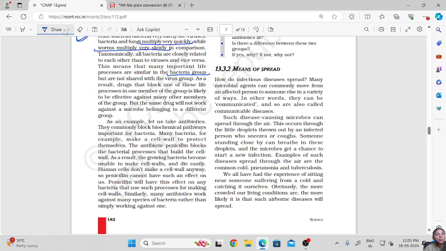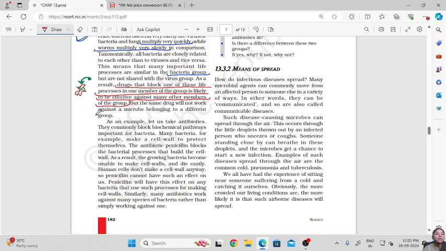Now this is an important statement. It says that a drug that blocks one of these life processes in one member of the group is likely to be effective against many other members of the group. What this means is, if there is a certain bacteria and people have developed a drug, this drug can be used effectively against this bacteria and it can kill it.